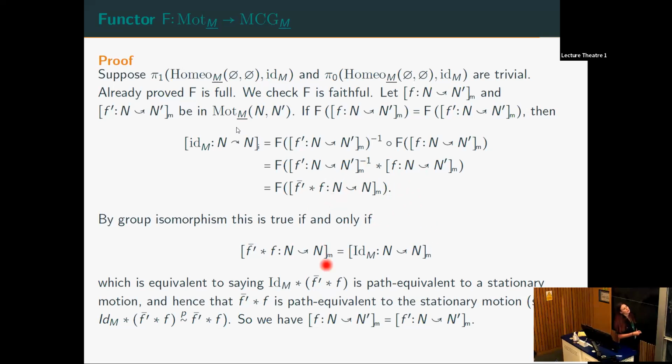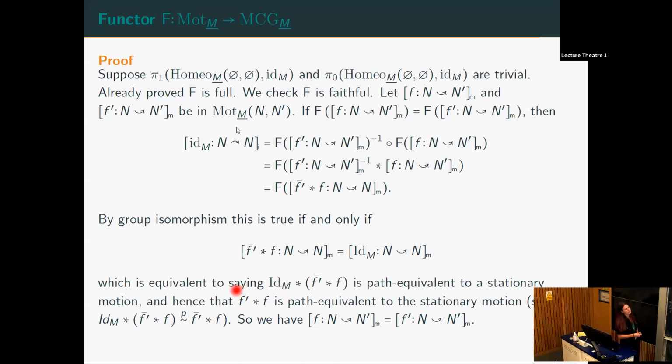So then we can use the group case, which says that this can only be true if this f prime bar star f is the same as the identity in the motion groupoid. And what does that mean? It means that if we star compose with the identity, it's path equivalent to a stationary motion, which means that f prime bar star f is path equivalent to a stationary motion, since the identity star composed with anything is path equivalent to the thing we started with.